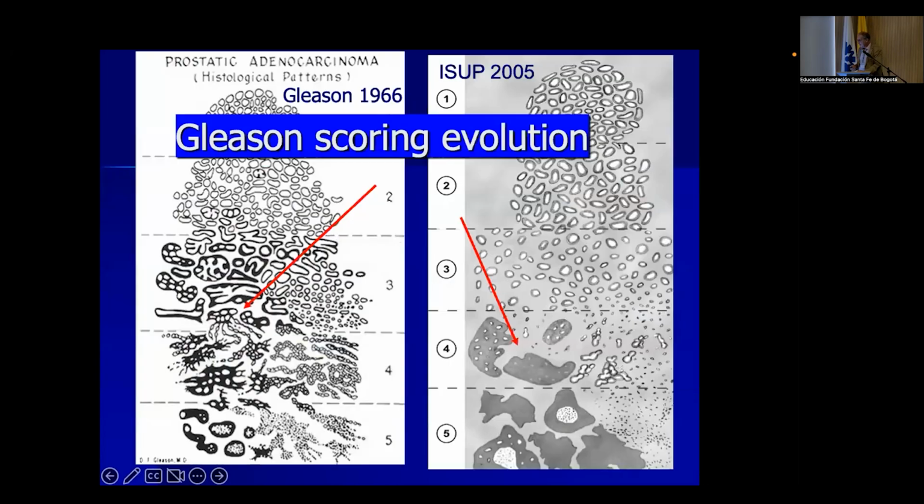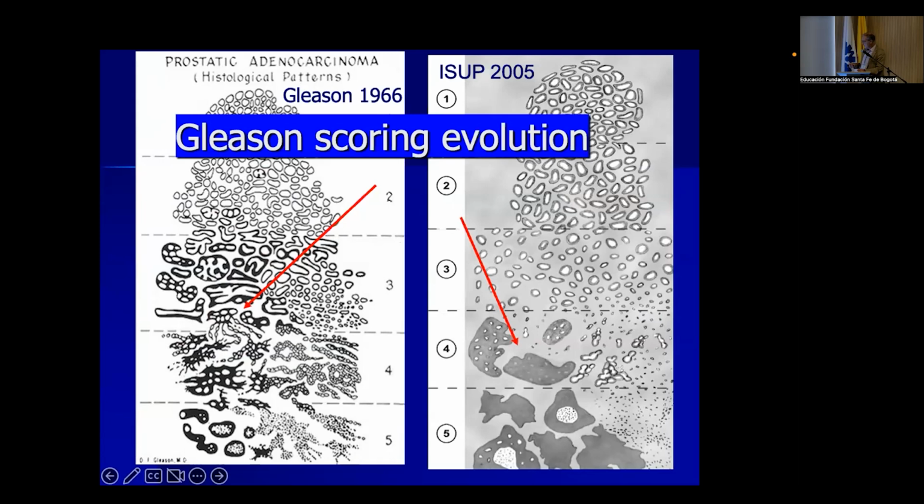So the main thing in the pathological report is the Gleason scoring. And we have had an evolution in the Gleason scoring since the definition made by Gleason himself in 1966. We have two main evolutions. The first one, in 2005, just moved some of the histologic appearances of the cancer between grade 3 and grade 4.